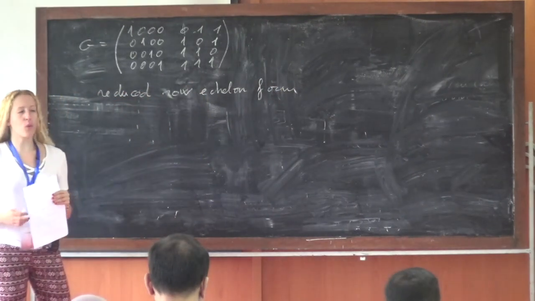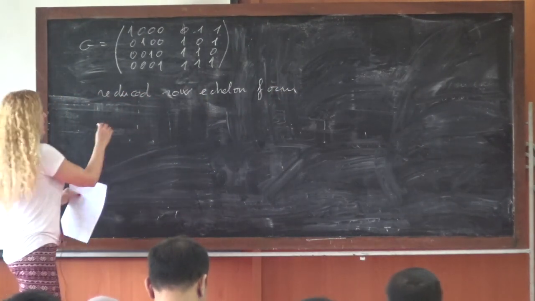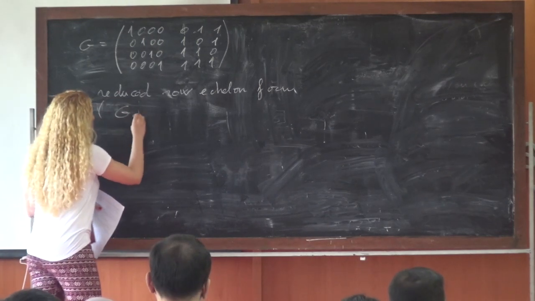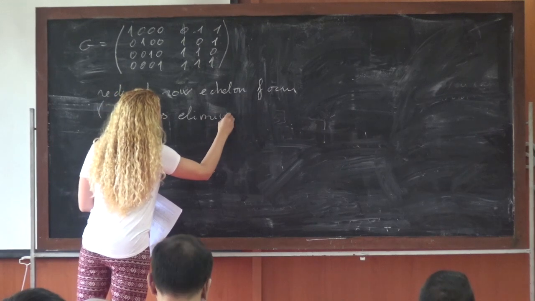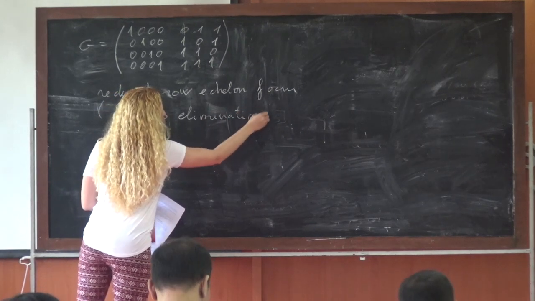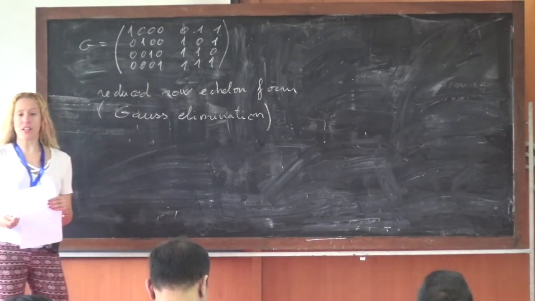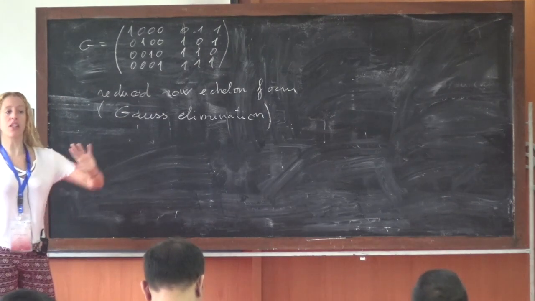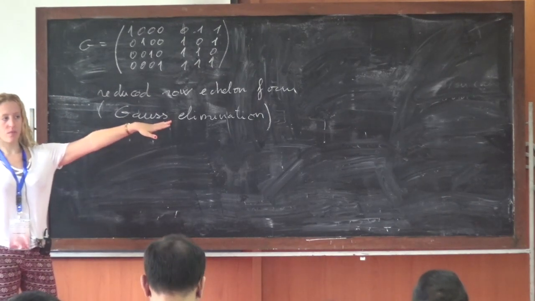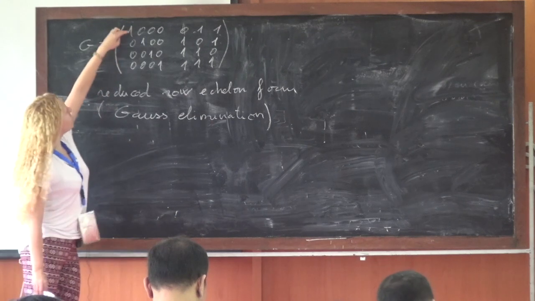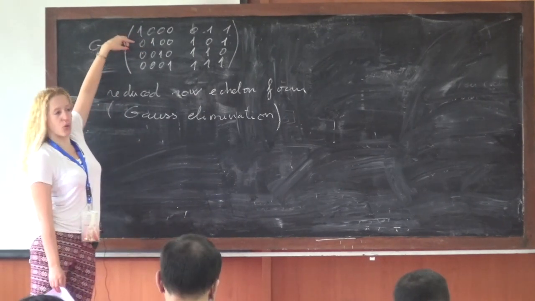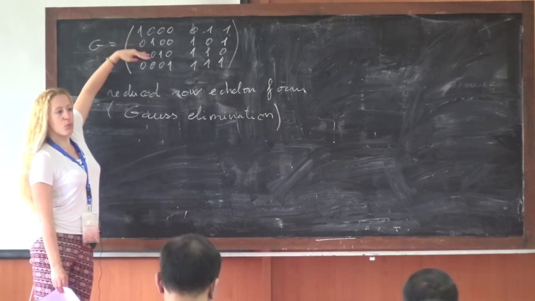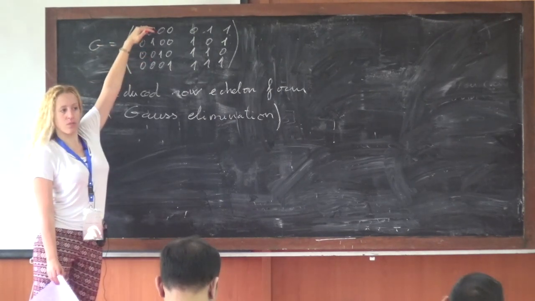Okay? So what is the idea? How did you get that? This is just Gauss elimination. You start with any generator matrix of the code. You look for a row in which you have a non-zero element. You put that row at the beginning.